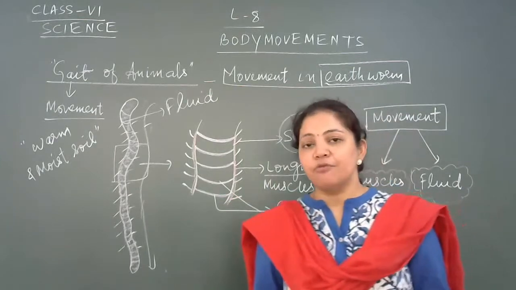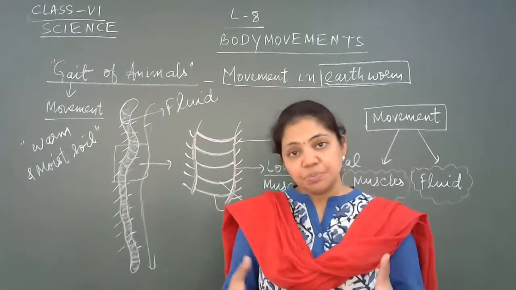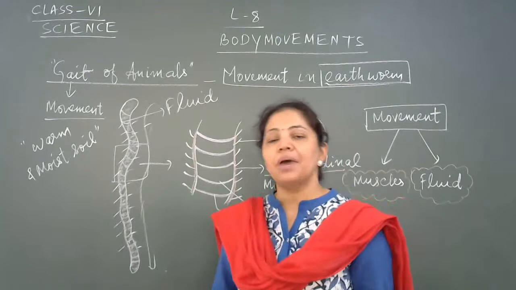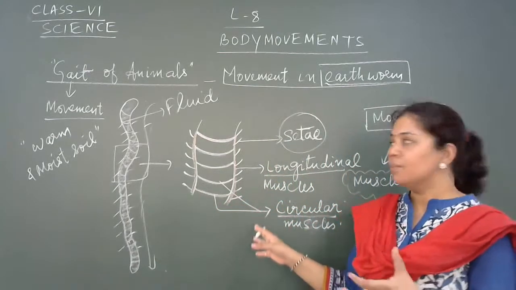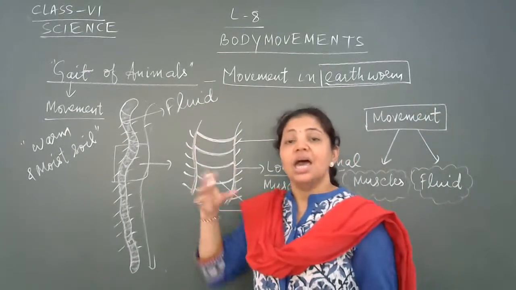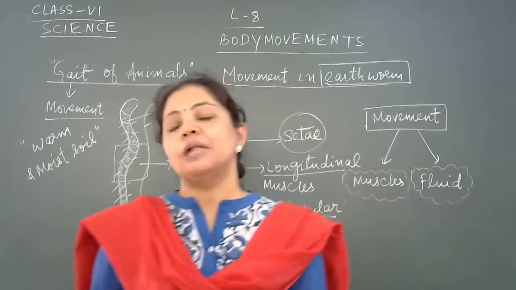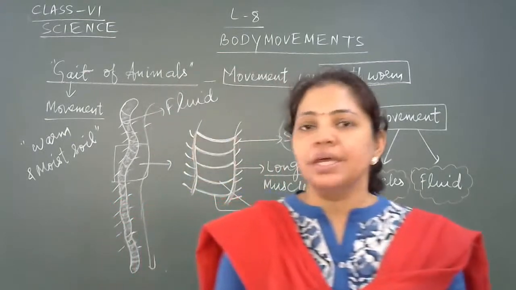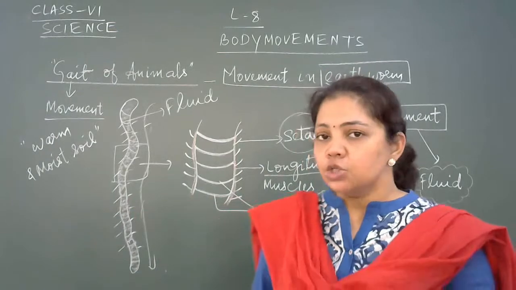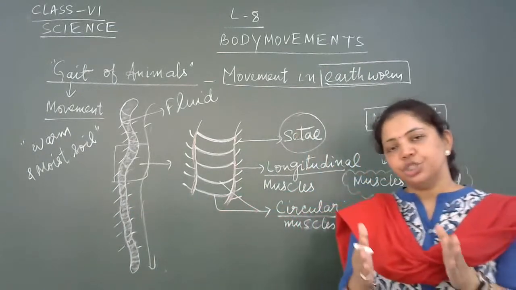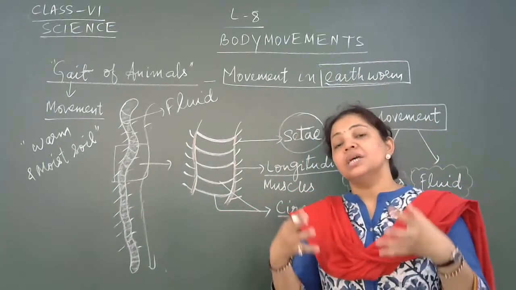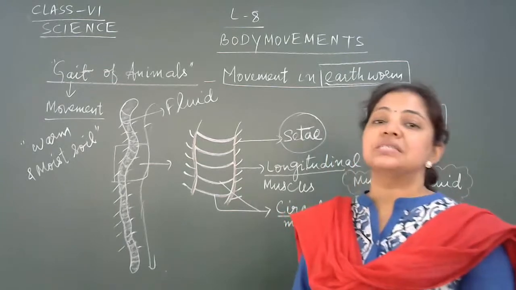We also have a fluid in our body which we call blood, right? In a similar manner, in the body of the earthworm is also present a type of fluid, and that fluid especially helps earthworm in performing its movement, right? So these are some important features which you have to remember about how movement occurs in earthworm.